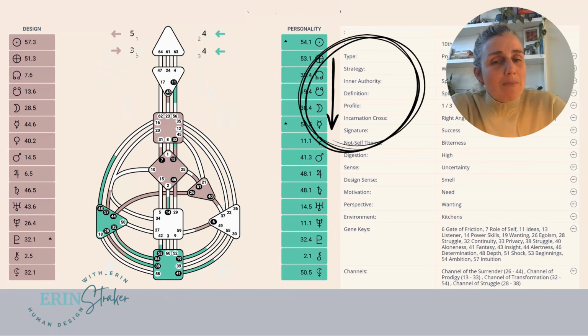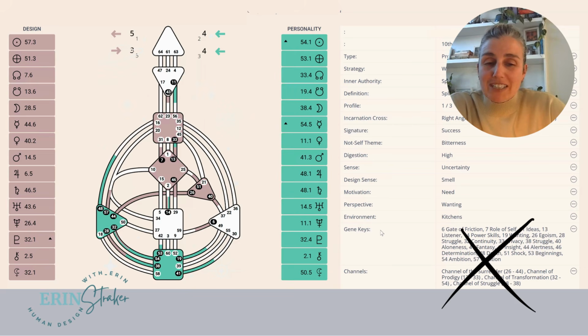Once you understand what type you are, you go to strategy. Once you understand your strategy, you go to your inner authority, and then you'll understand your definitions next to your profile, incarnation cross, and then all the other things underneath that, right? Don't jump straight to the gene keys or the channels. Start with the basics up the top, and that's your go-to checklist.